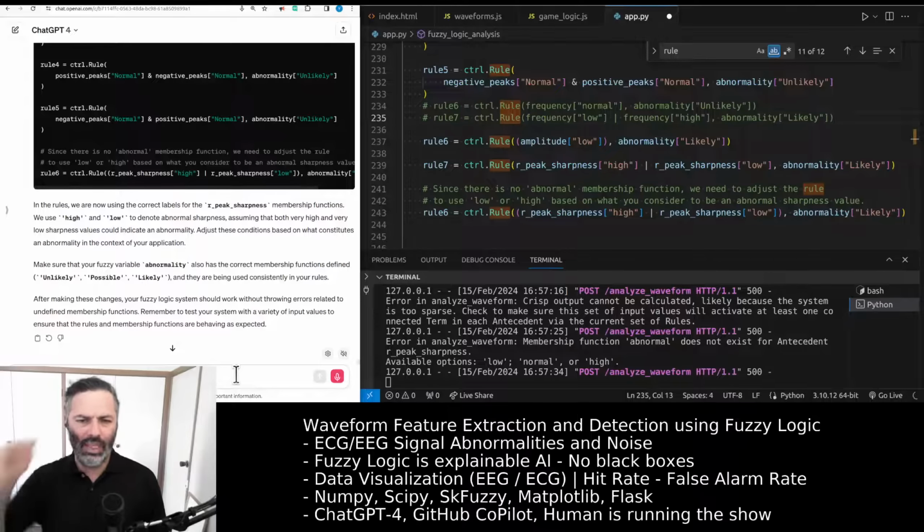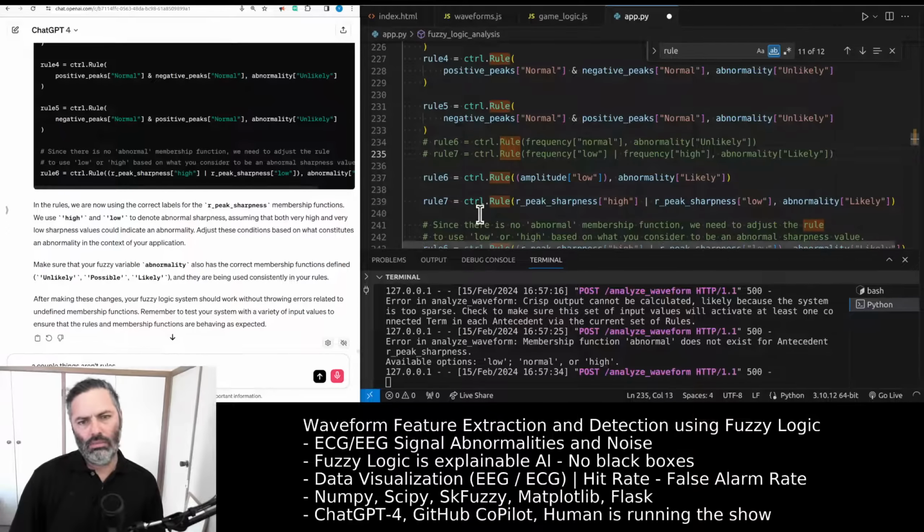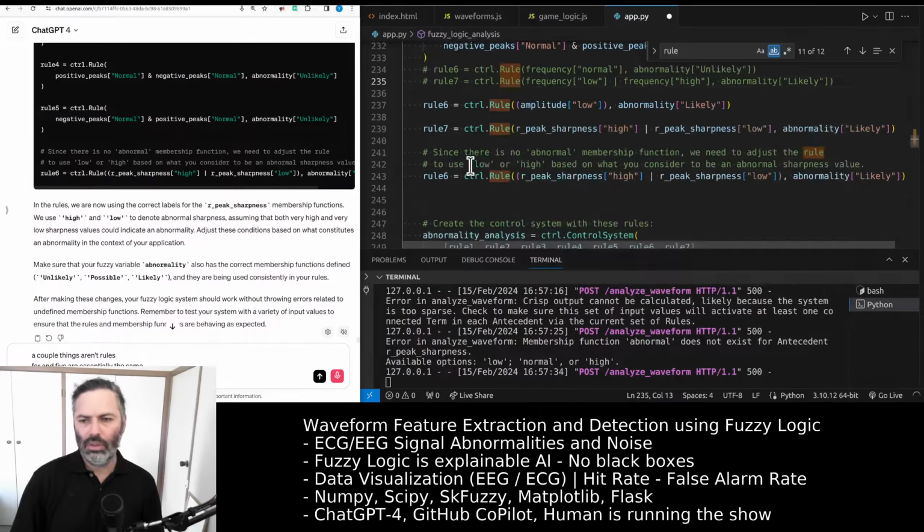A couple of things. Aren't rules 4 and 5 essentially the same? Please confirm so I can get rid of one of them.